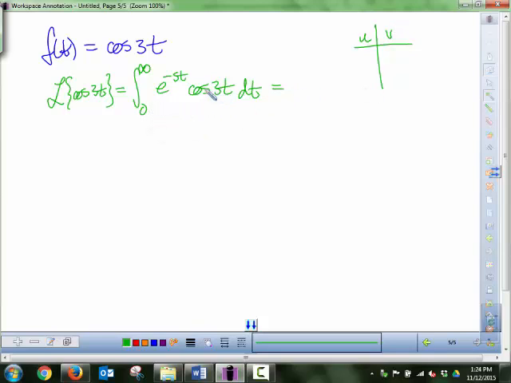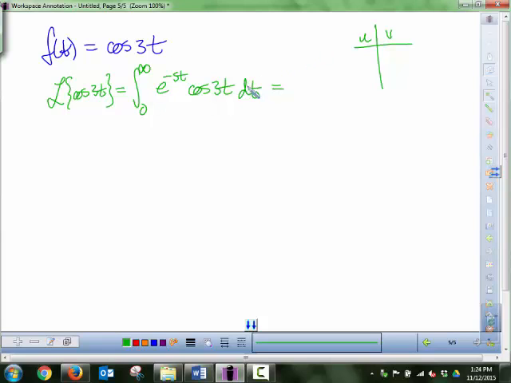So in this case, when you take integrals or derivatives of e to the t, it just remains the same. And the sine and cosine, when you take integrals and derivatives of that, it kind of bounces back and forth. So in this case, it doesn't really matter which one you use for u and which one you use for dv, as long as you're consistent with it.